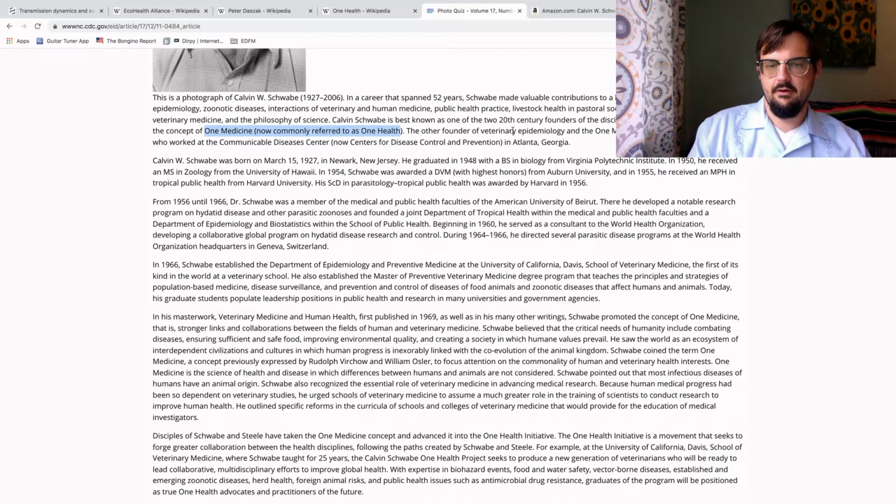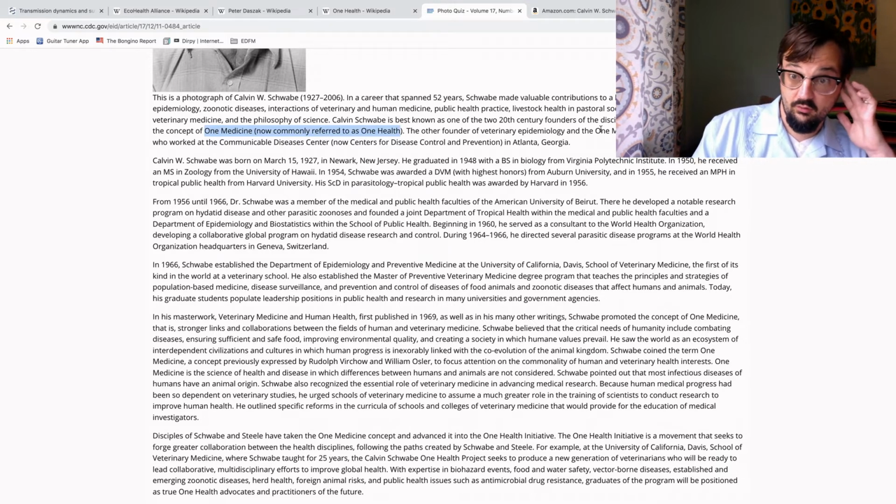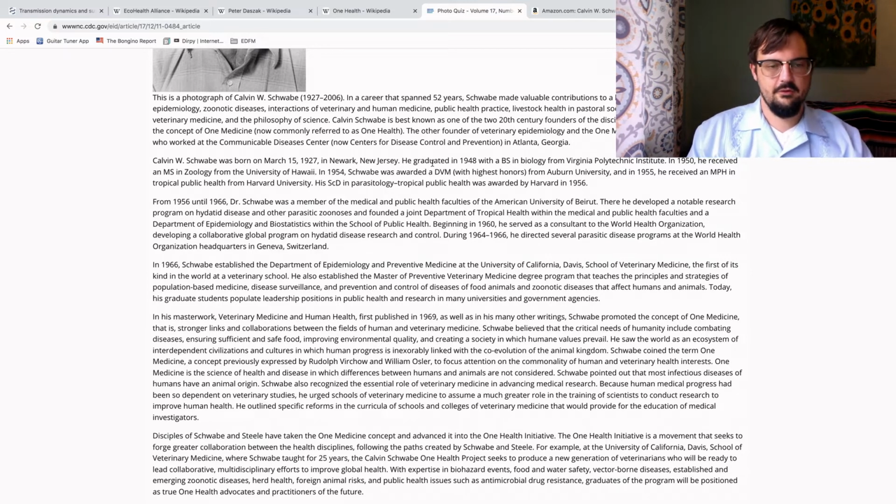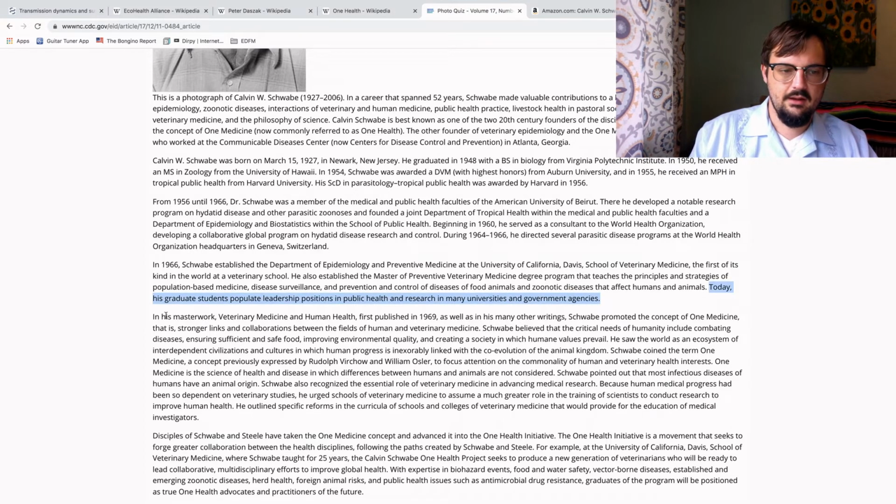The other veterinary epidemiology founder was James H. Steele of the CDC. And to further illustrate how influential he is, the article mentions, today his graduate students populate leadership positions in public health and research in many universities and government agencies.